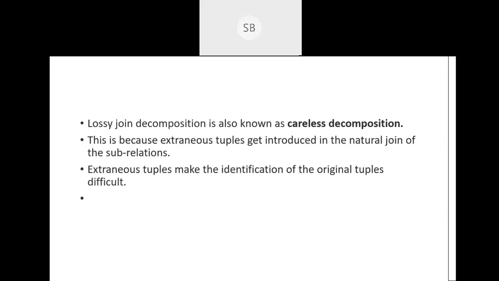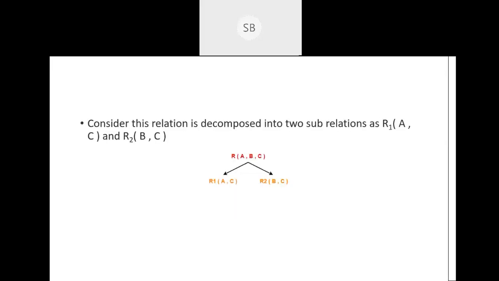So this was all about the overview for decomposition. Now tell me, anyone having a problem? Everyone clear?